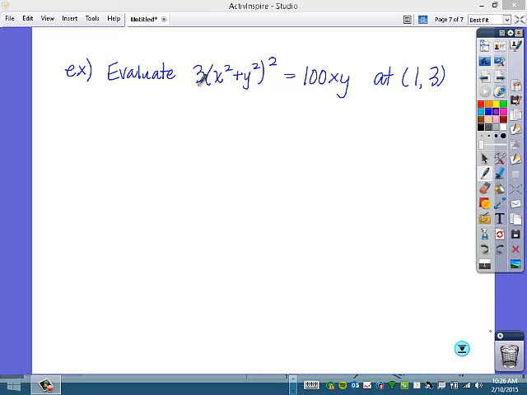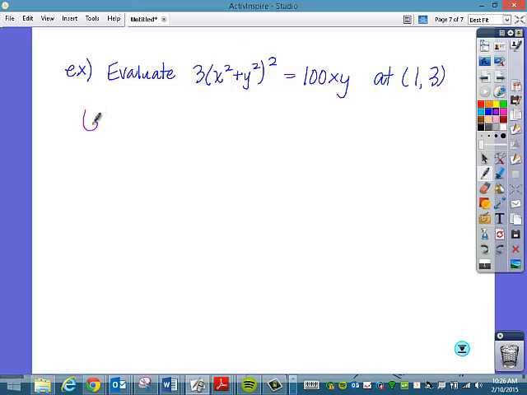Alright, for our last example, things are going to get a little crazy because if you notice, here, we're going to use the chain rule. Here, we're going to use the product rule. So it's going to get crazy to take the derivative of this. So, start by taking your exponent, pulling it out front. Keep the insides the same, don't touch them.